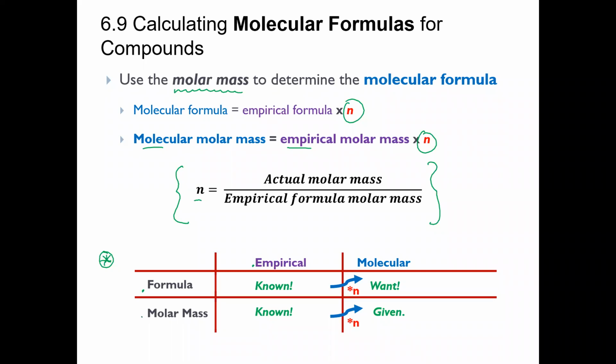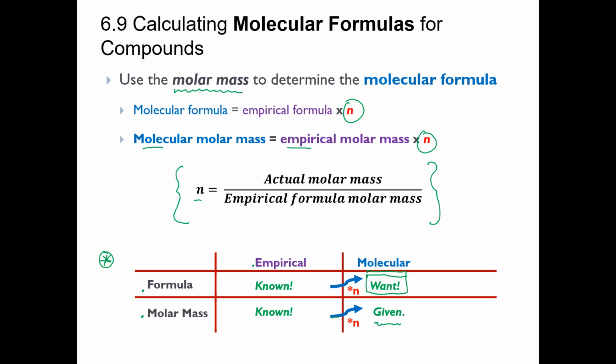We can get the molar mass for our empirical formula just by using the periodic table. We are ultimately trying to find this piece, that molar mass, to find that molecular formula. And we are given the molar mass of our molecular formula. That's the extra piece that we have to measure or find out.